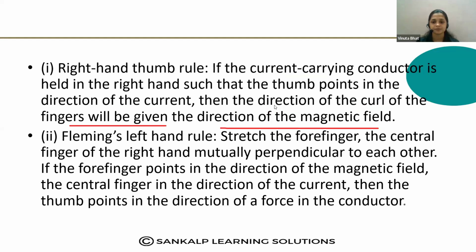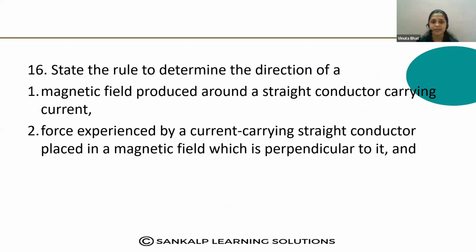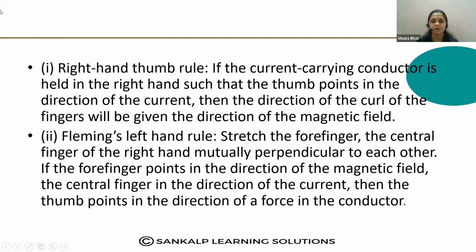Second one, force experienced by a current carrying straight conductor placed in a magnetic field perpendicular to it. This is Fleming's left hand rule. So what does Fleming's left hand rule say?